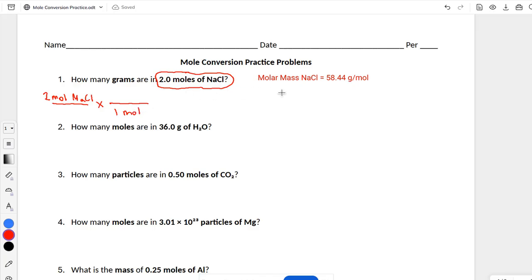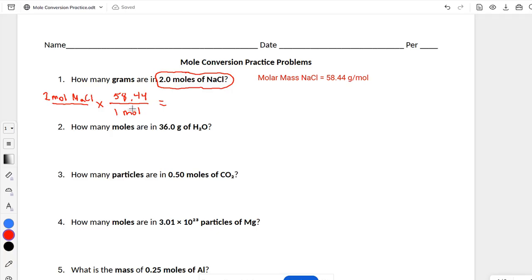1 mole. And what does 1 mole of sodium chloride weigh? It's 58.44 grams. Let me grab my calculator. Remember, it's just the top times the top divided by the bottom. So it's 2 times 58.44 divided by 1, which is basically just 2 times 58.44.